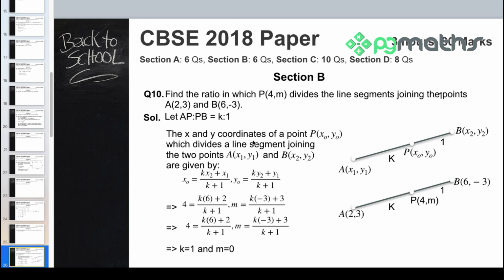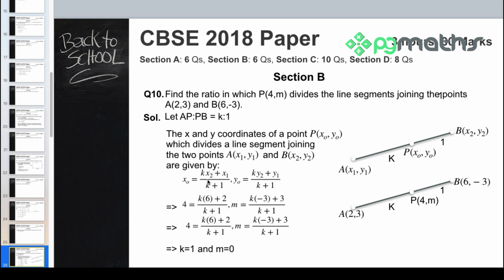Okay, so the formula to get the coordinates of a point P which divides the line segment joining two endpoints is given by these equations. So x naught here would be k times x2 plus 1 times x1 divided by k plus 1. The kind of cross multiplication is happening, ratios getting multiplied crossly with their coordinates.